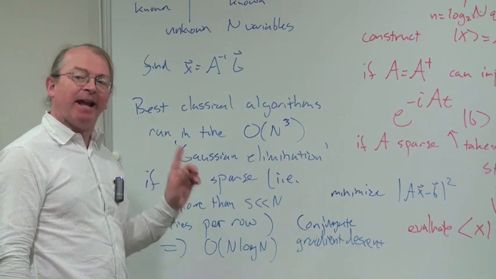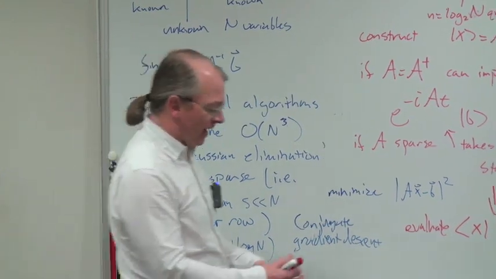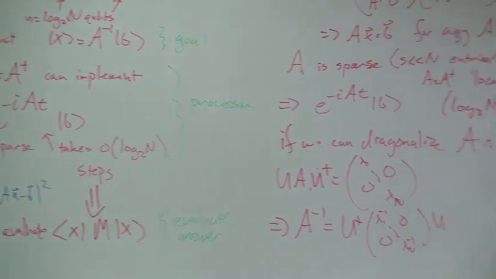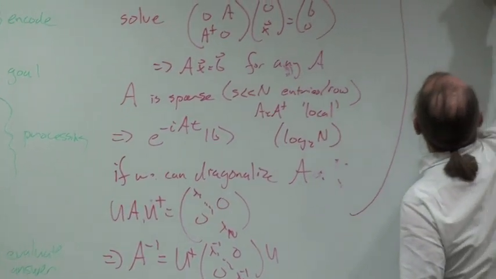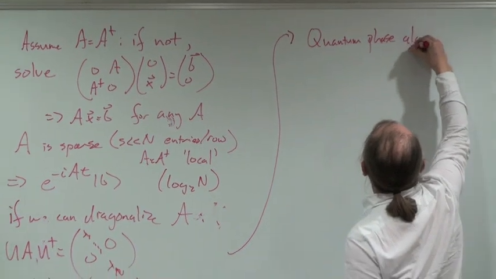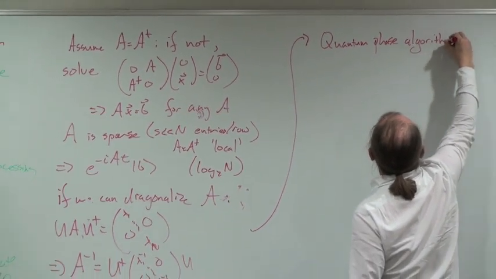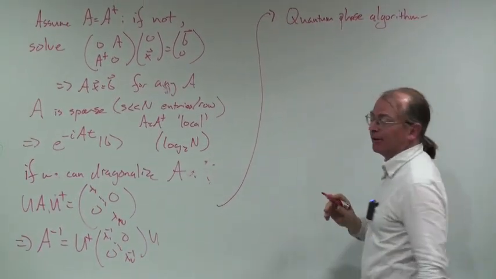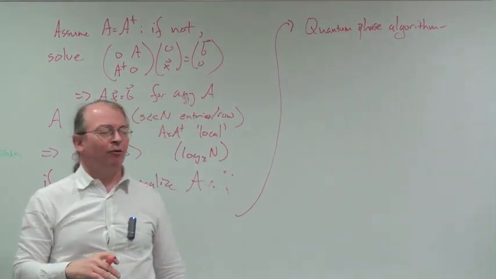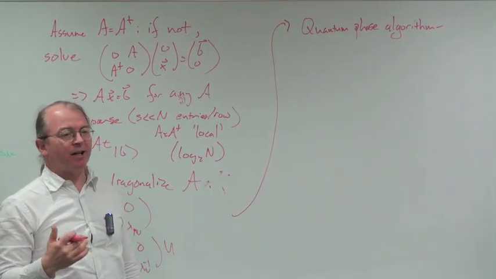But now quantum mechanically, we actually have an algorithm for doing this, the so-called quantum phase algorithm. This was invented by Kitaev in around 1995 or 1996 for giving an alternative way of solving Shor's algorithm.